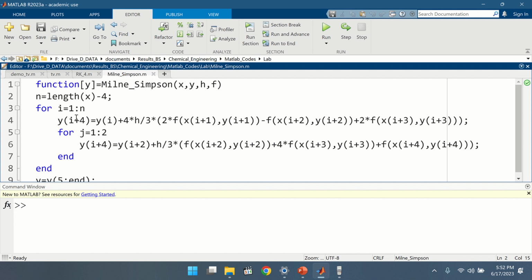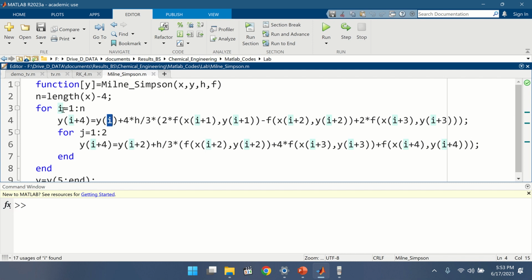So for i equal to 1 to n, what does it mean? I'll be going from 1 to 2 and so on. So we take y(i+4), that means the predicted value of y4. Keeping in mind MATLAB starts from 1, so i plus 4 basically means y5, but that is y4 theoretically.